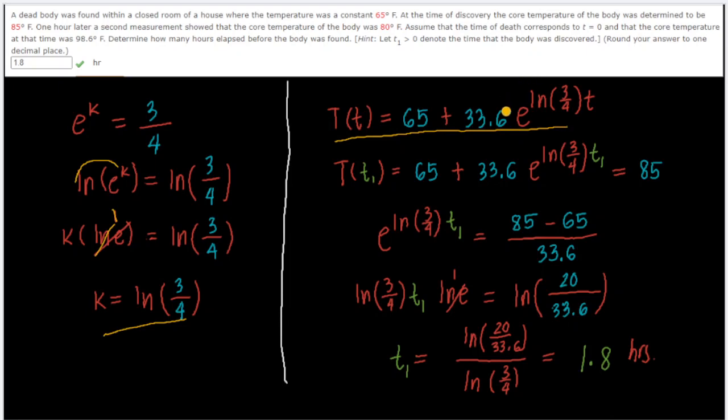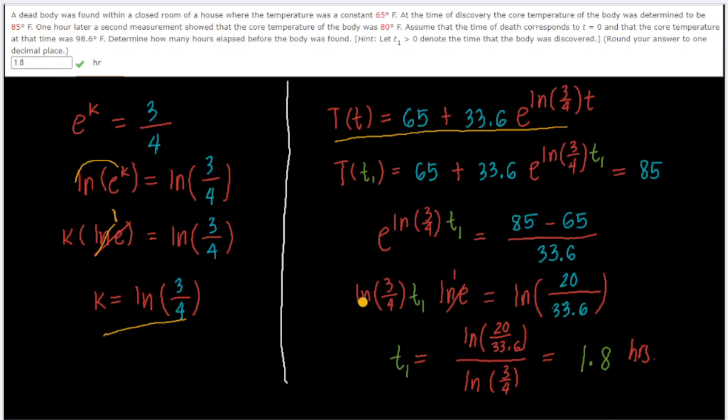Now we already have our k value, and if we're given some temperature at time t1, then we can solve for t1. Since we're given the value of 85 degrees Fahrenheit at time t1 when the dead body was found, we can solve for t1. Now 85 minus 65 all over 33.6 is e to the ln of 3/4 times t1.